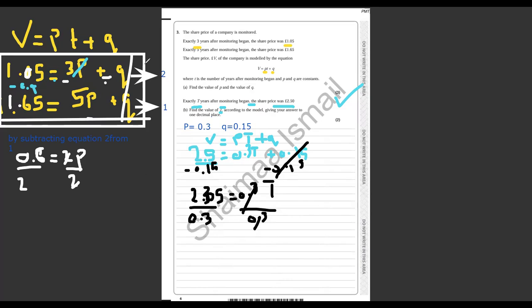So here is 2.35, dividing by 0.3, which gives us T equals 7.83. Giving your answer to 1 decimal place, it is 7.8. So T equals 7.8. We did it. Let's see the next.